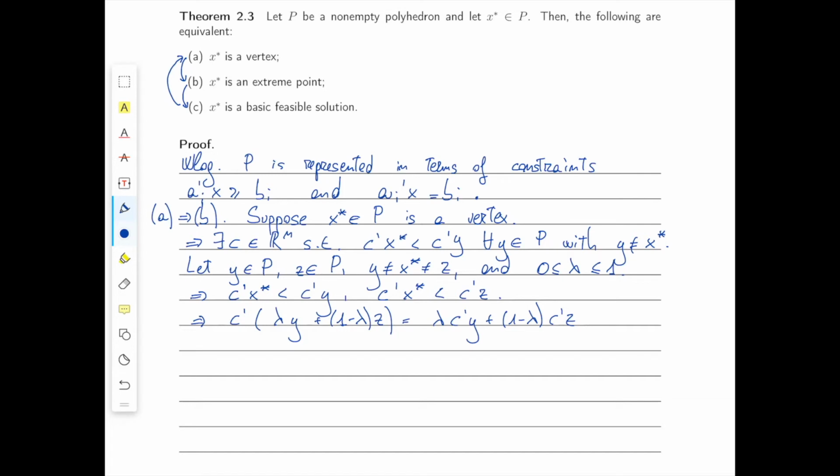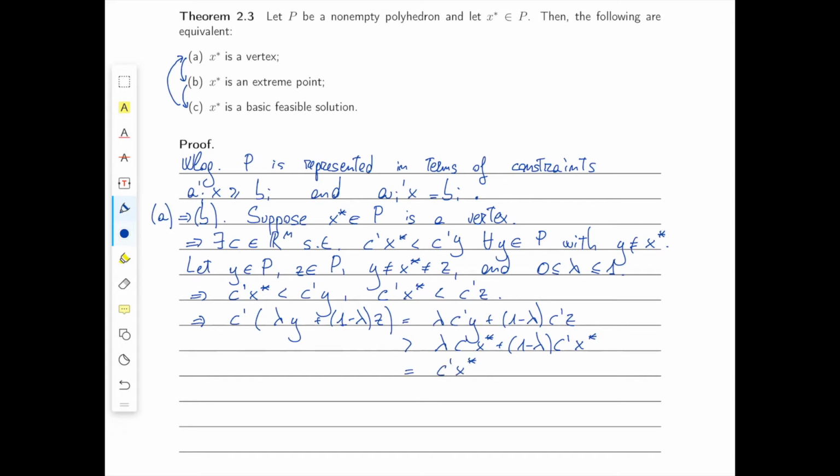We have just seen that c transpose y and c transpose z are strictly larger than c transpose x star. So let's replace. So what we have written is strictly larger than lambda c transpose x star plus 1 minus lambda c transpose x star. But this quantity that we have just written is exactly c transpose x star.